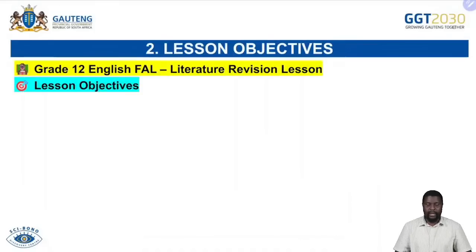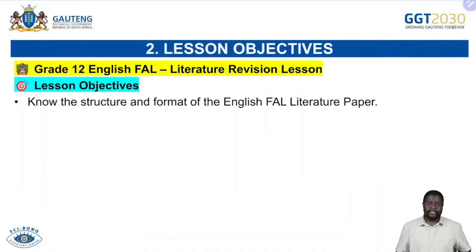Today, we are going to look at English File Paper 2, as I have said, exam preparation and how to answer exam questions. So I want us to start with our lesson objectives. We'll be looking at, number one, the structure and format of the English file literature paper.